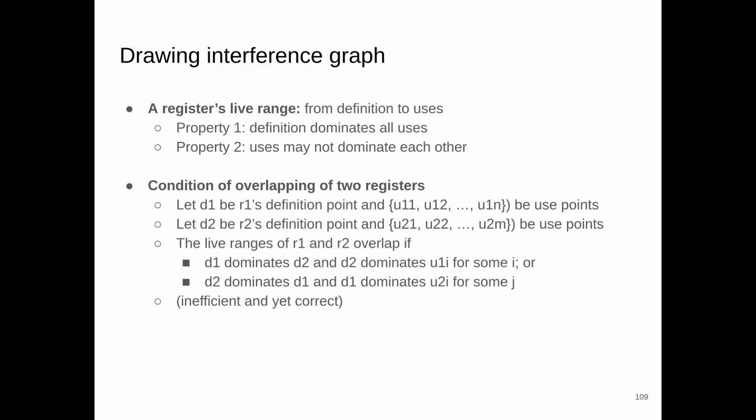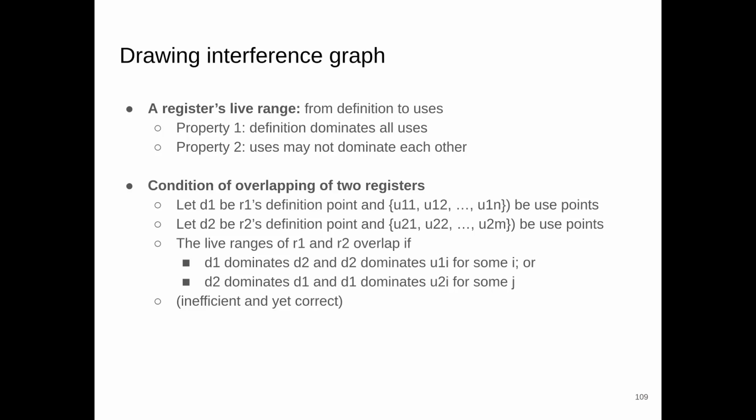Now I'd like to discuss how to check whether the live ranges of two registers are overlapping or not. And it is very simple. Let's assume that R1 is the first register and R2 is the second register. R1 is defined in D1 and it is used in U11, U12, and so on up to U1n. So there are n uses here, and there is only one definition, D1.